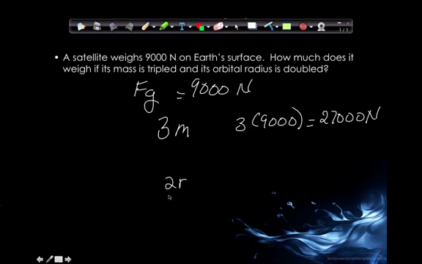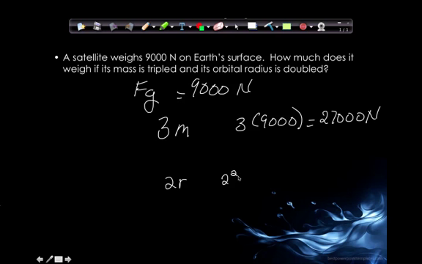Okay, so the radius, or the distance, went up by a factor of 2. It's inversely proportional, which means as one goes up, the other one goes down. Since my radius increased, my force should decrease. I need to know by what factor.